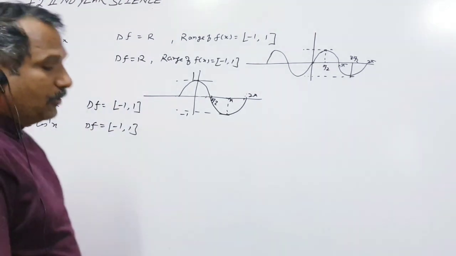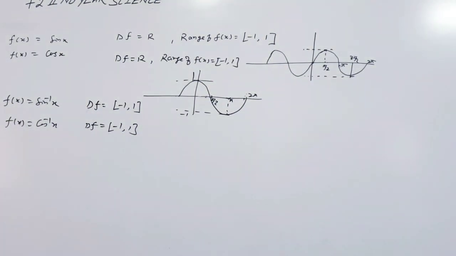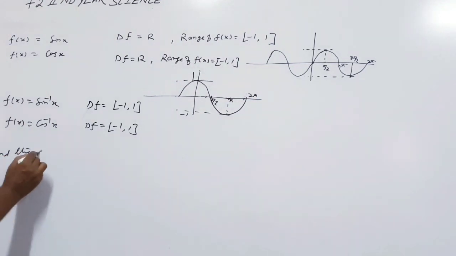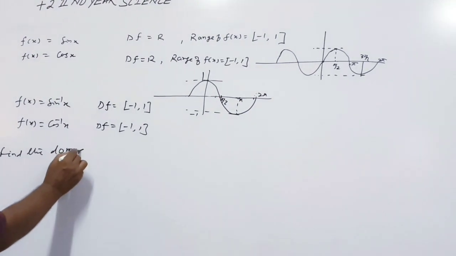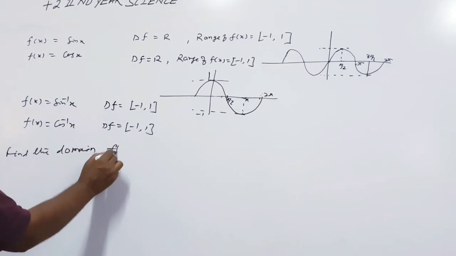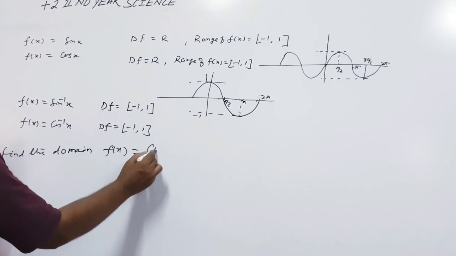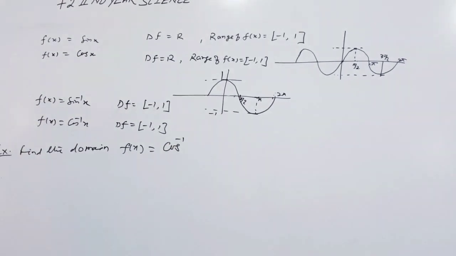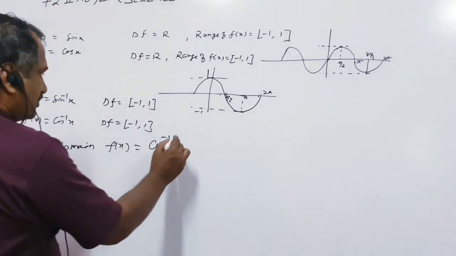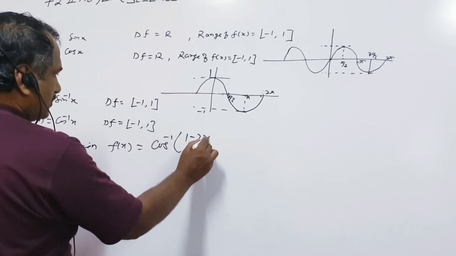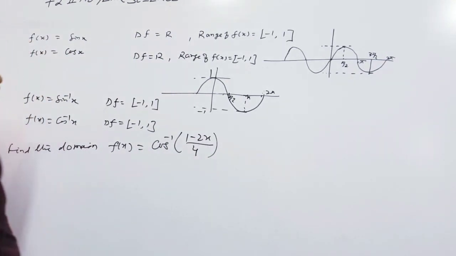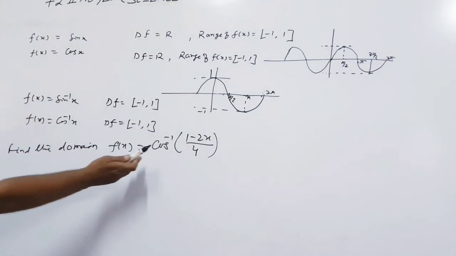Now for example, find the domain of f of x equal to cos inverse of (1 minus 2x) by 4. Either you take sin inverse or cos inverse.